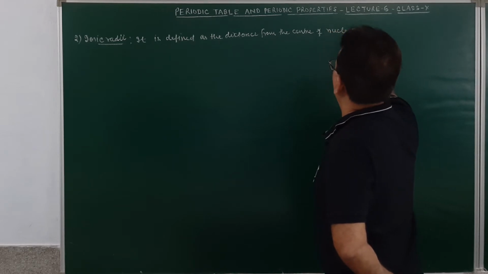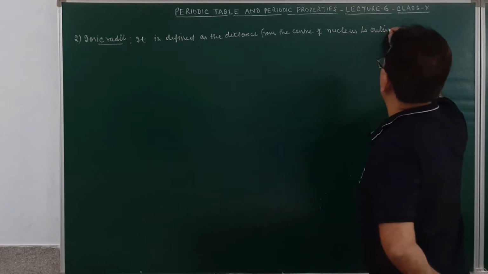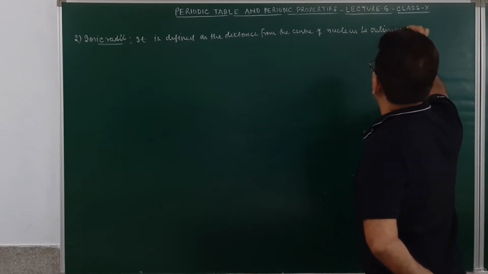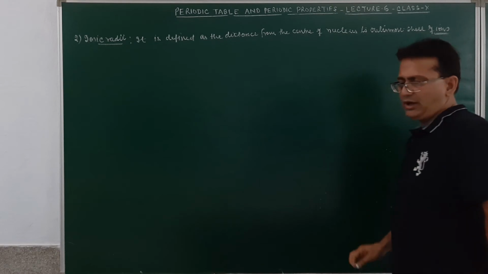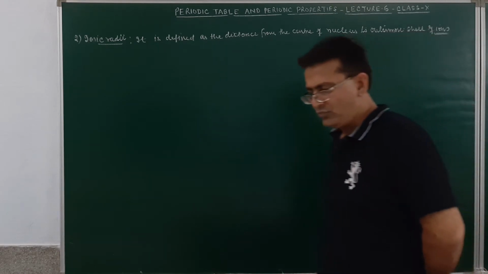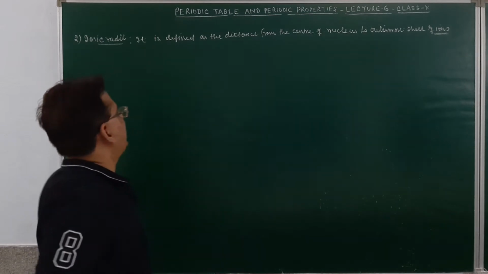Distance from the center of the nucleus to the outermost shell of ions is called ionic radii. Now, what are ions?